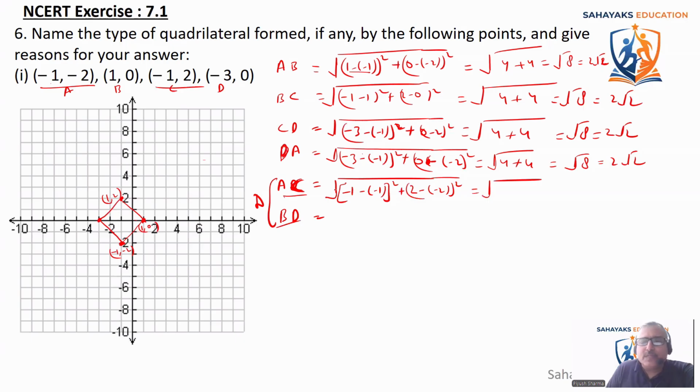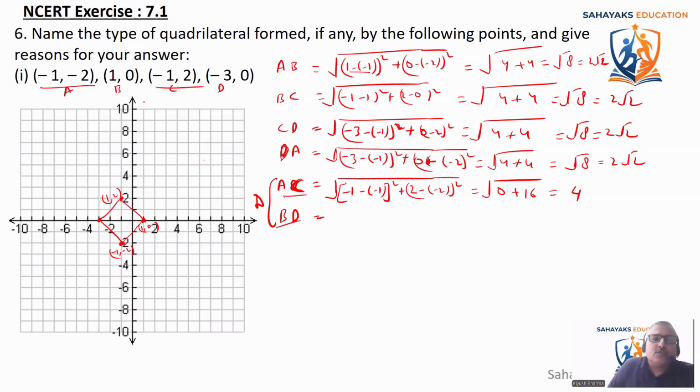This is minus 1 plus 1, so it is 0 square, 0, plus 2 plus 2, which is 4. 4 square is 16. So it is square root of 16. That comes out to be 4.